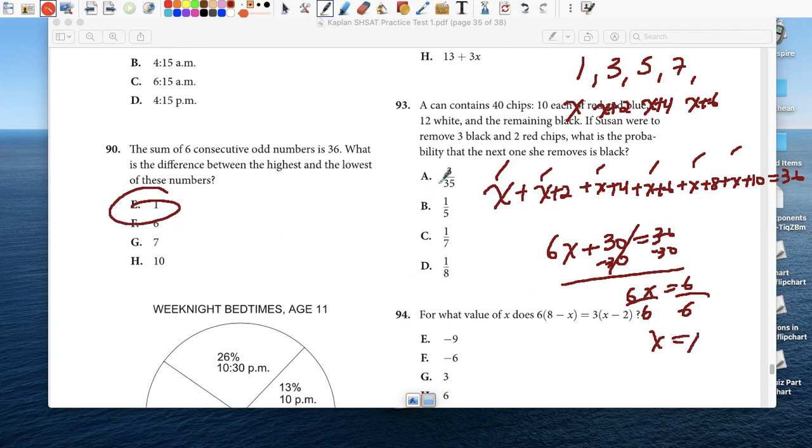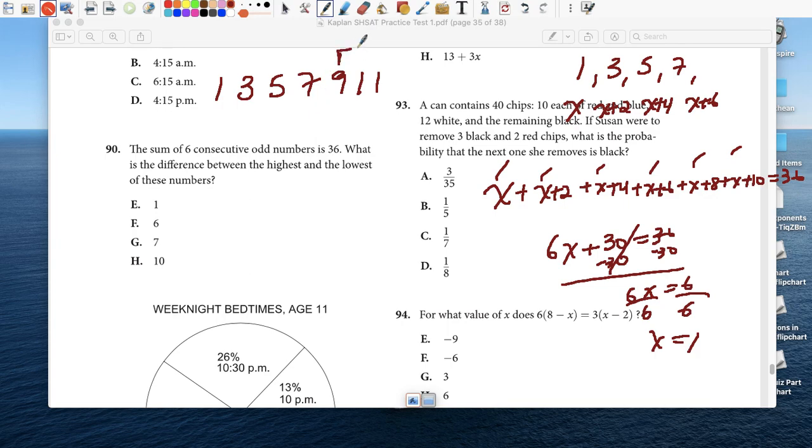You can always substitute and double check to make sure your answer is correct. Oh, sorry, x is not the answer. We want the difference between the highest and the lowest, which is not what I did. If x equals 1, we have 1, 3, 5, 7, 9, and 11.